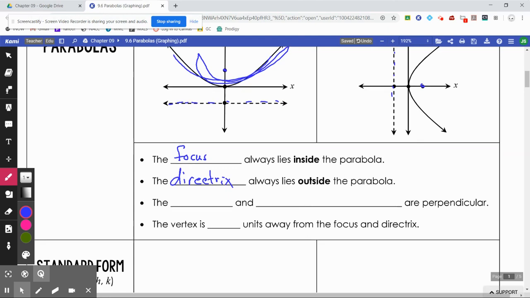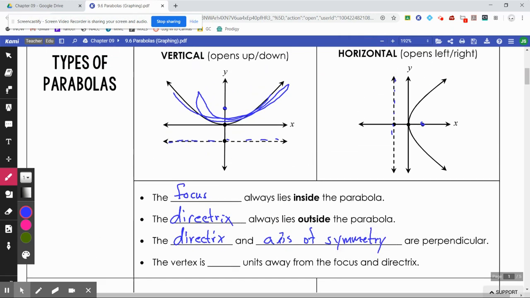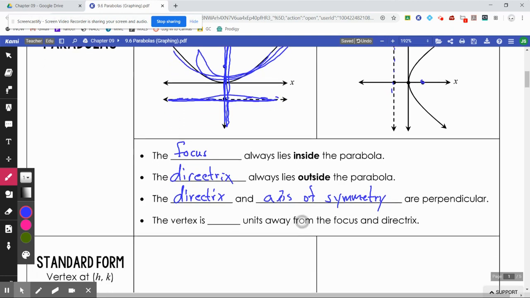In addition, what we've learned about a parabola in the past, the axis of symmetry, the whole negative b over 2a line we learned in previous chapters, will always be perpendicular to that directrix.